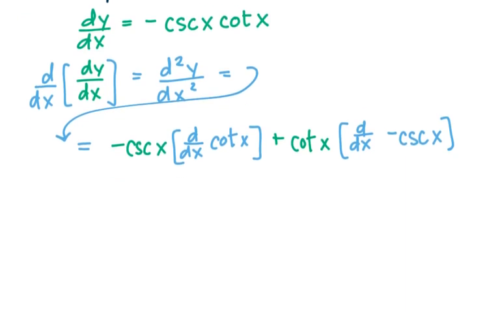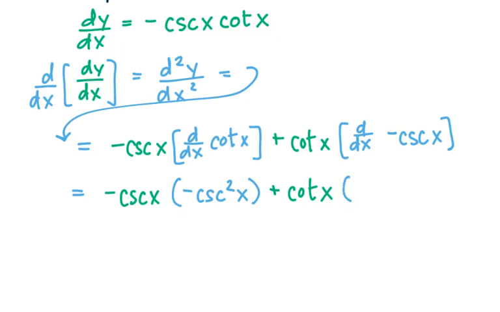So what we have, I've got negative cosecant x. I know the derivative of cotangent is negative cosecant squared x plus cotangent x, and the derivative of cosecant is negative. So the derivative of negative cosecant would be positive, and we would get cosecant x cotangent x.